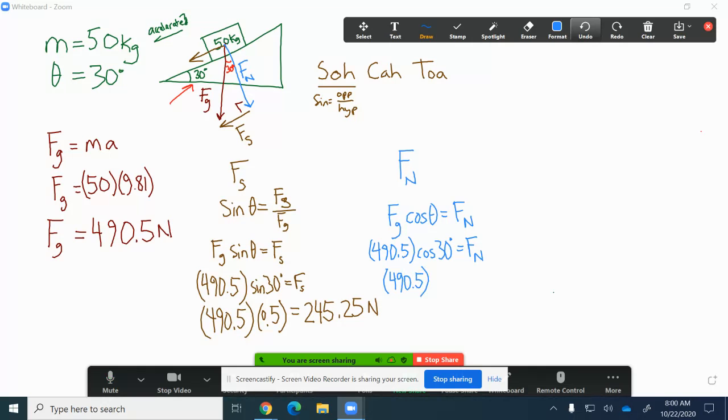490.5 times the cosine of 30 degrees. Cosine, clear.